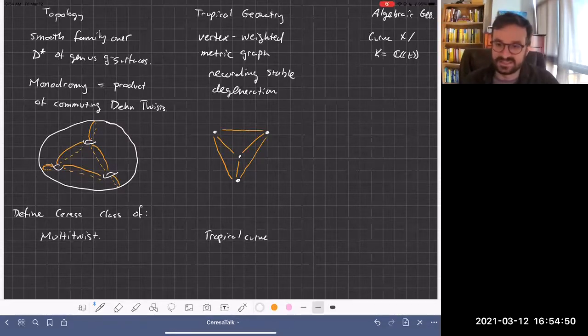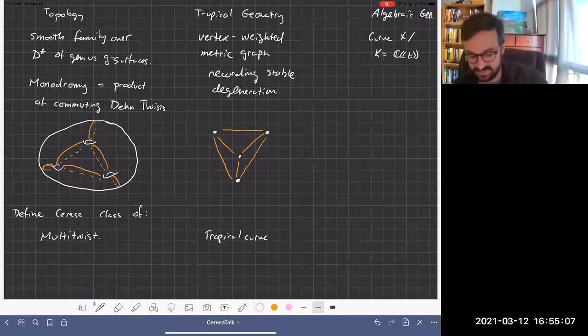And in the algebraic setting, it turns out that the Ceresa class doesn't depend on the full curve itself. It just depends on the action of the Galois group on the étale fundamental group of X base changed to K bar.